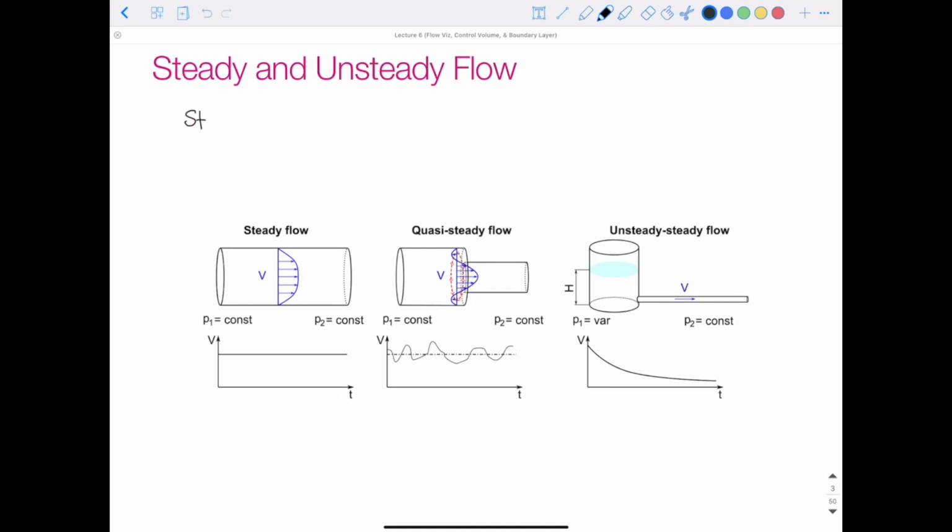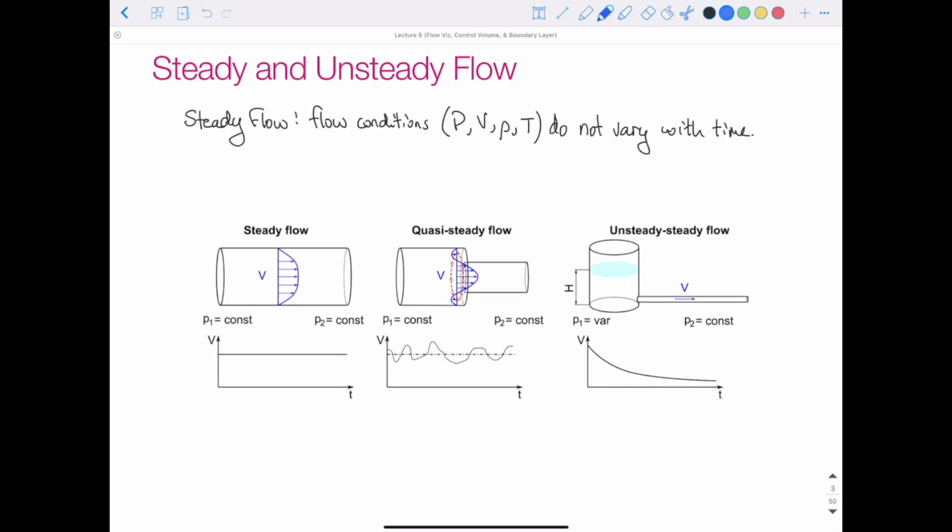So we can write steady flow is the case where we have our flow condition, which could be our pressure, velocity, density, temperature, do not vary with time.